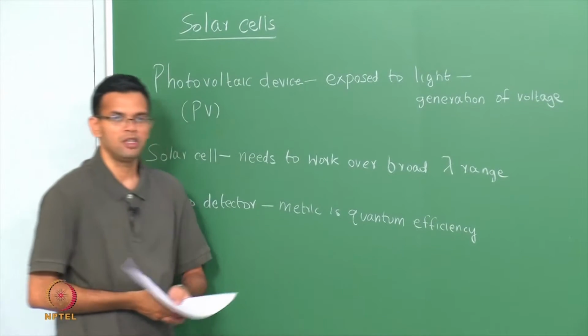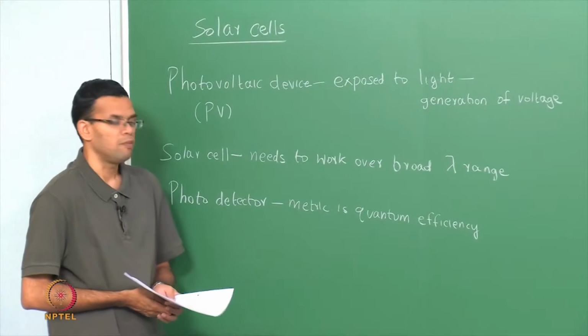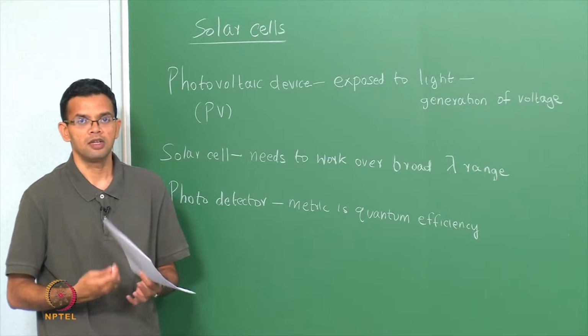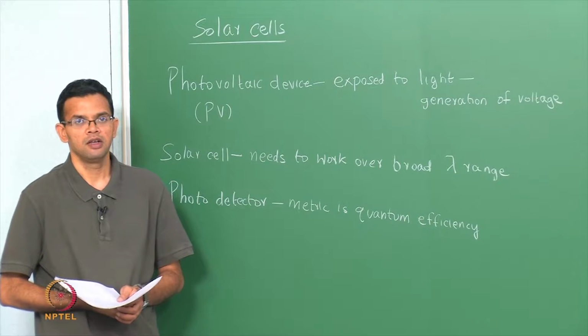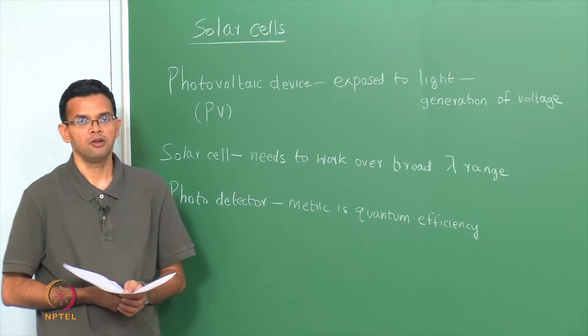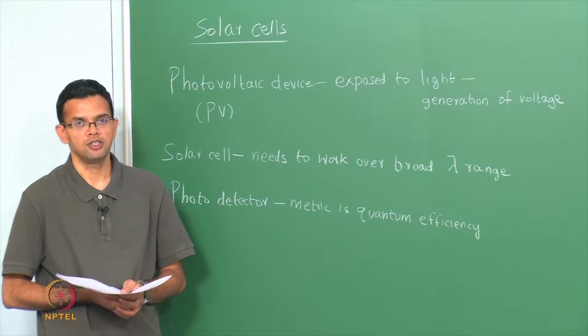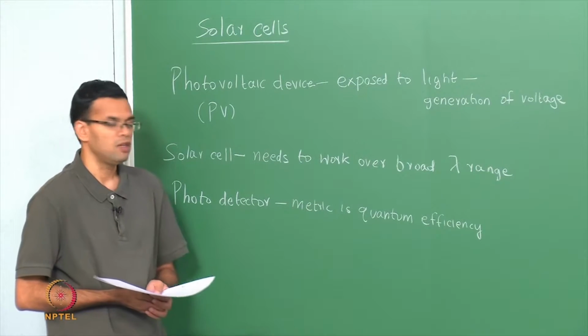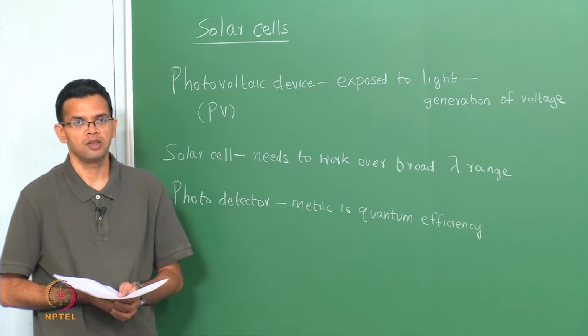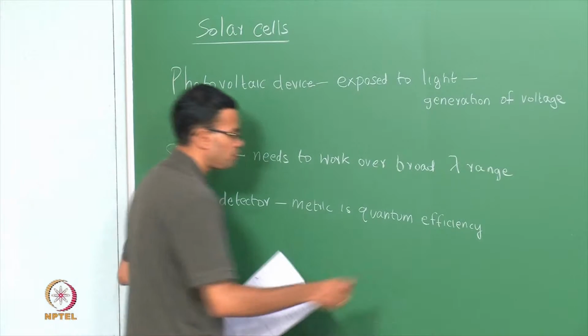So we define quantum efficiency as the number of electron hole pairs or the current that is generated to the ratio of the number of photons that are incident on your sample. So the quantum efficiency determines the signal to noise ratio.